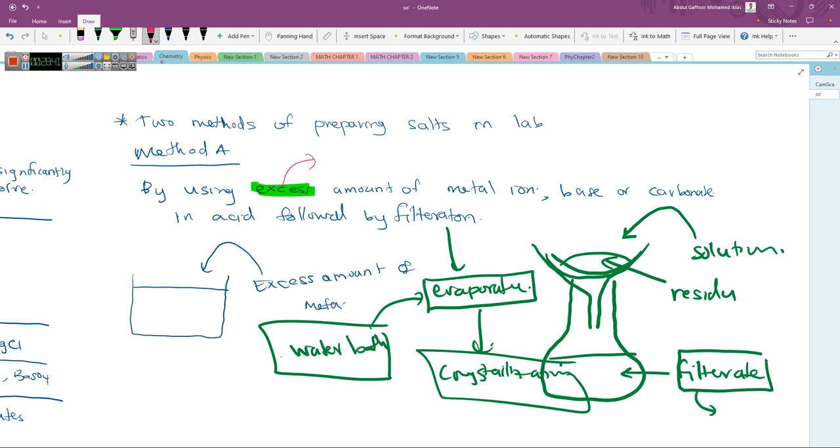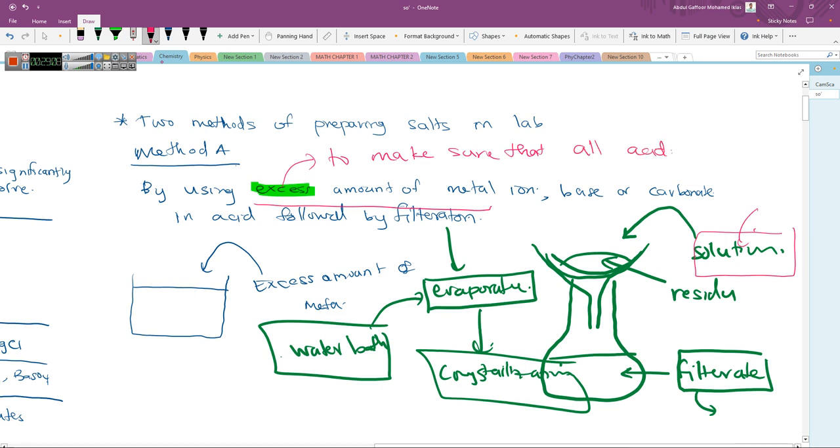Then the final solution that you pour into this funnel will contain some acid, and it will reduce the efficiency of our experiment. So we have to use excess amount of metal or base or carbonate, whatever we are using, to make sure that all the acid is consumed, right?